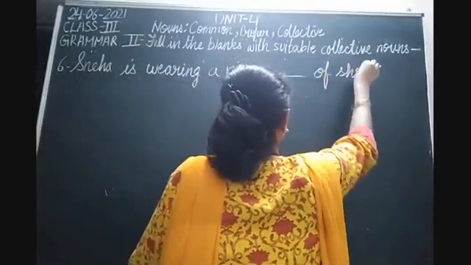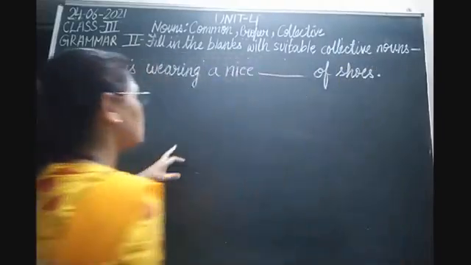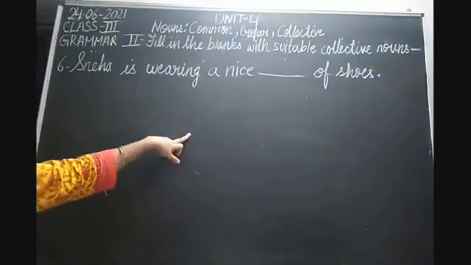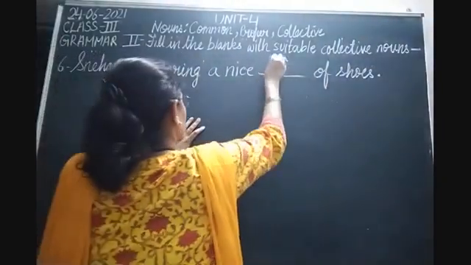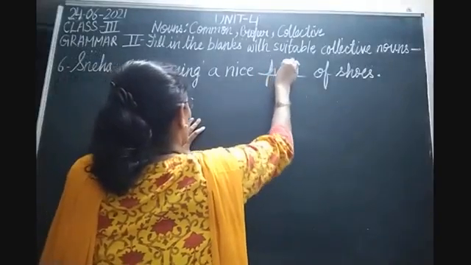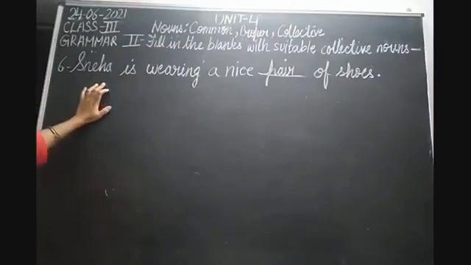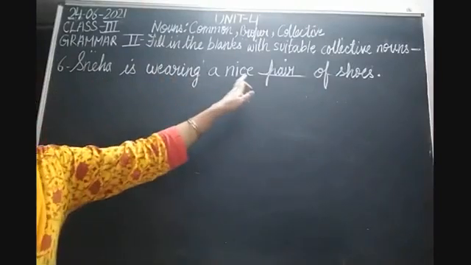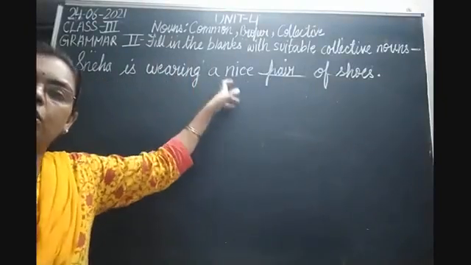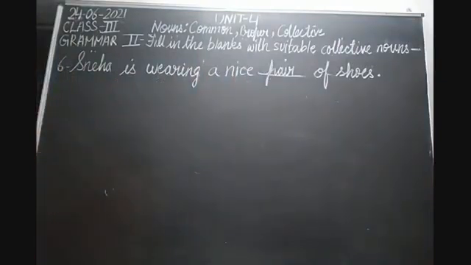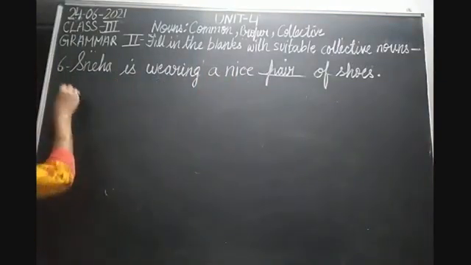So for shoes, which collective noun do we use? We have learned a pair of shoes. So we write P-A-I-R, pair. Sneha is wearing a nice pair of shoes. So write P-A-I-R, pair, in the sixth blank.